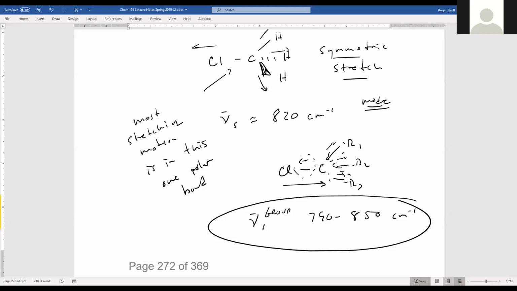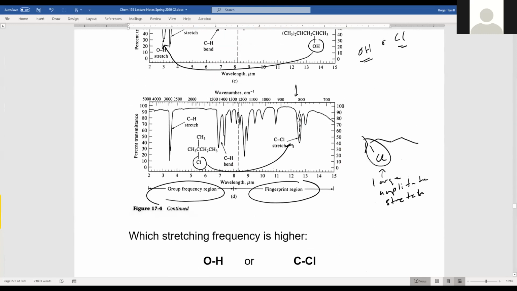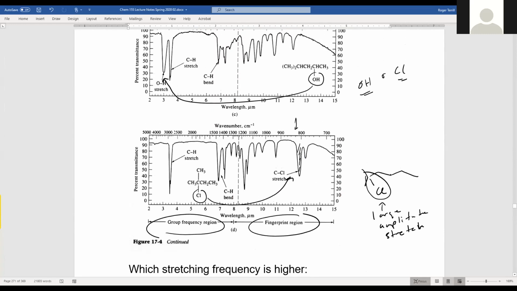So it's just an example of the idea of a group frequency and why it works. These are real spectra. Almost all chlorocarbons will have a stretching band in this region, the symmetric CCl stretch.